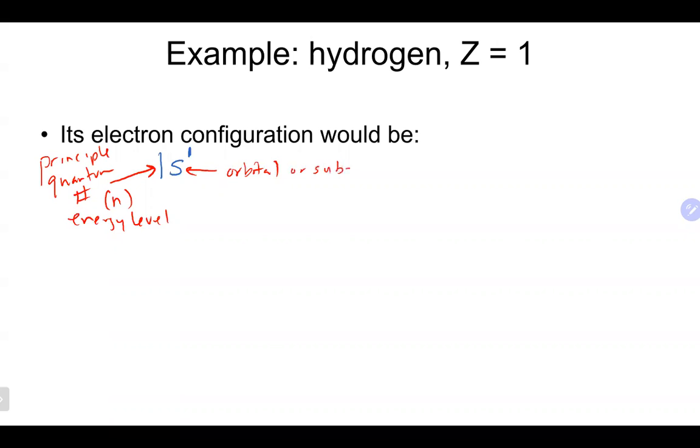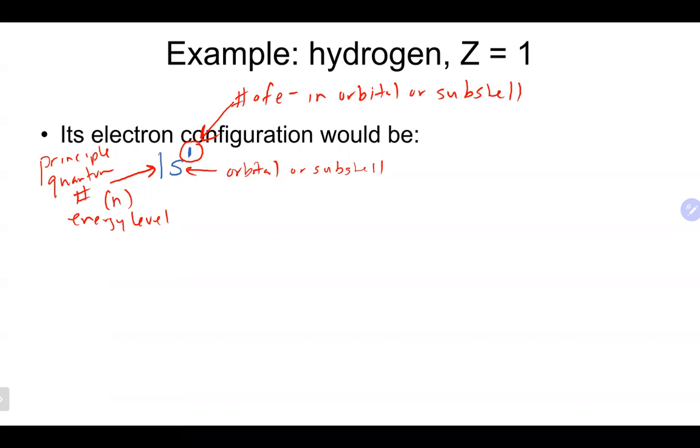And the one up on top is the number of electrons in the orbital, our subshell. So 1s1 is the electron configuration for hydrogen.